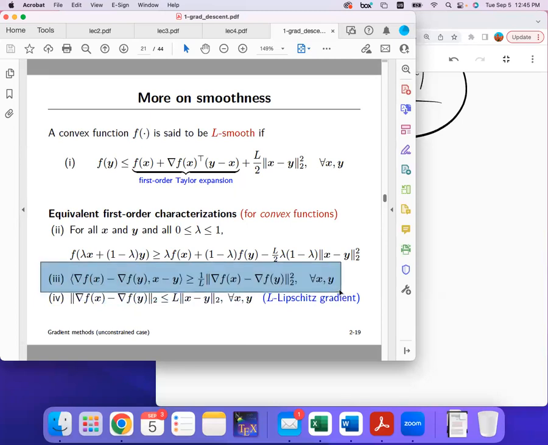This is one of the ways that we can control it. If f is convex and smooth, then for any x and y, this inner product term is lower bounded by such a quadratic term, the L2 distance of the gradients to the power of 2. So we use this result. And remember that this inequality is a lower bound. It's greater than or equal to.